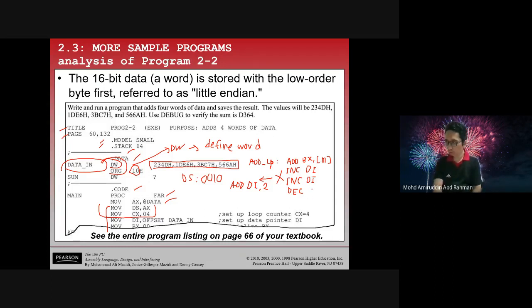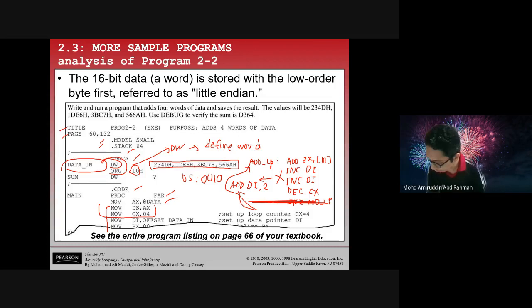So we decrease CX, and then we put a jump not zero, JNZ. Sorry, JNZ, this one, at LP.